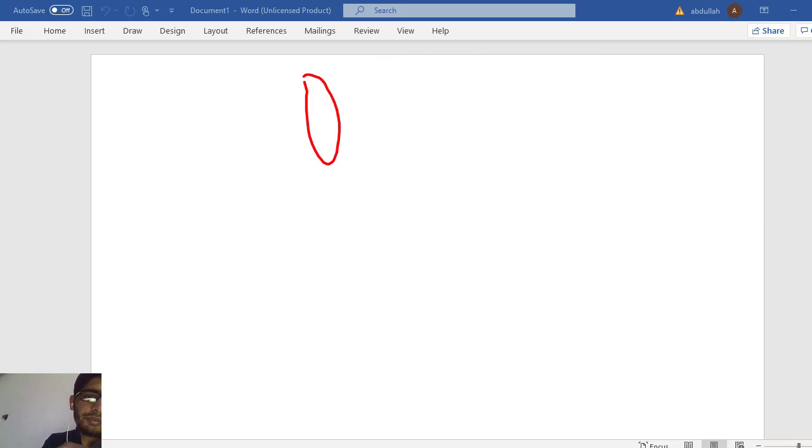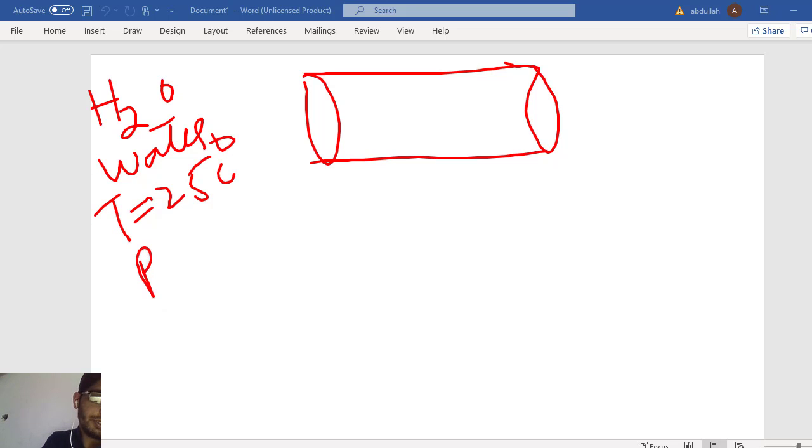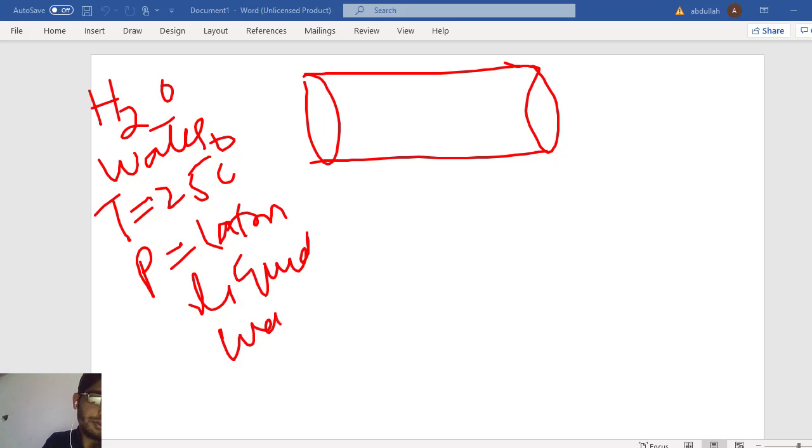Suppose we have a pipe and there is some water flowing into it. The temperature of water is 25 degrees C, pressure is 1 atm, and it is liquid water.